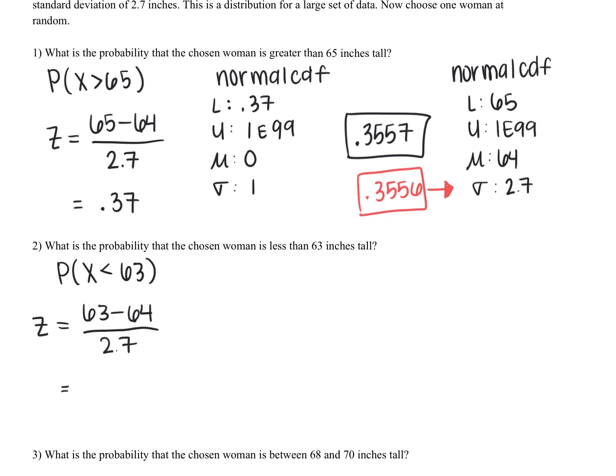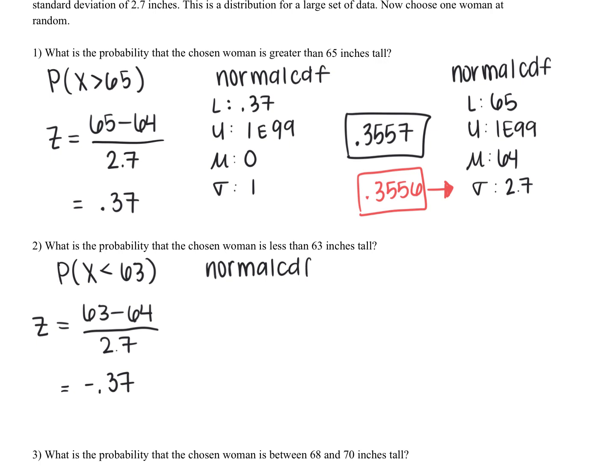In this case, 63 minus 64 is -1, so I'm going to get negative 0.37. And as we already discussed previously, the area above and below the same z-score, but one positive and one negative, is going to result in the same probability. But we'll go ahead and do the calculator just to make sure.